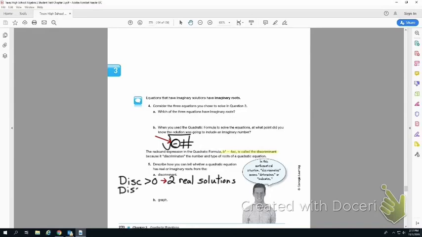If your discriminant is equal to 0, then you are going to have 1 real solution. And if the discriminant is less than 0, which is just another way of saying negative, then you're going to have 2 imaginary solutions.